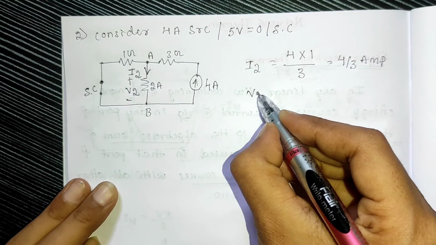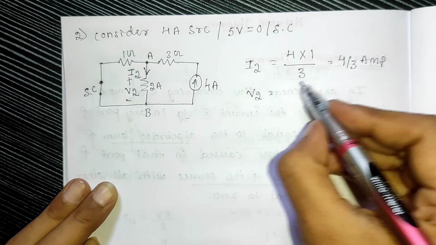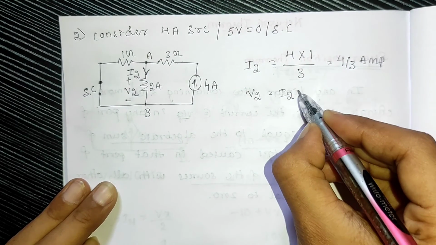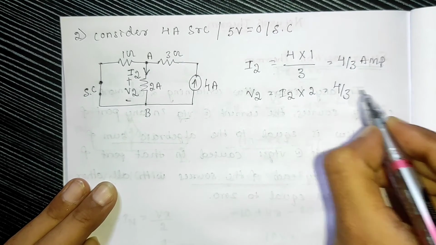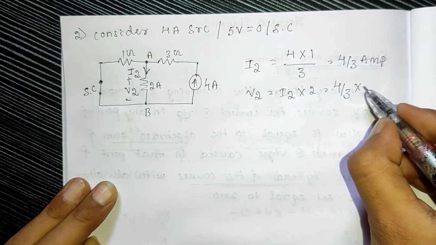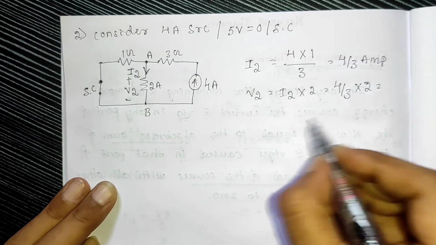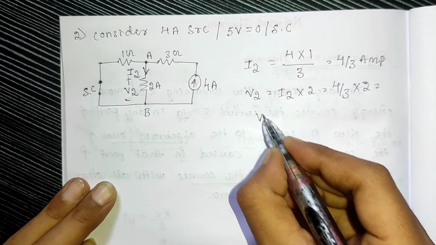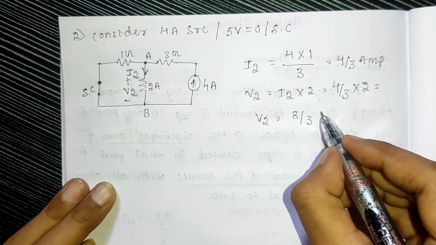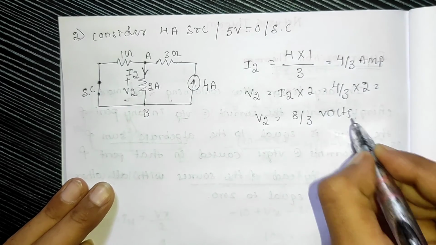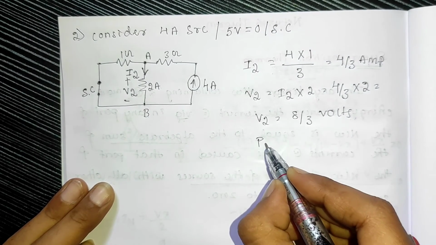Okay, so the voltage across 2 ohm, that is, we know the current value I2 and the resistor, so 4 divided by 3 into 2. So that is equal to 8 divided by 3 volts. Okay, so let's find the power.